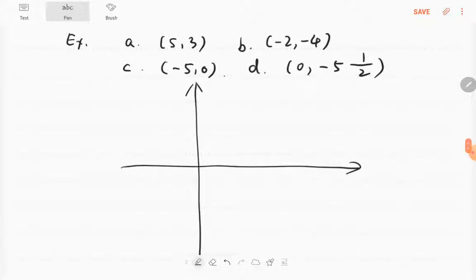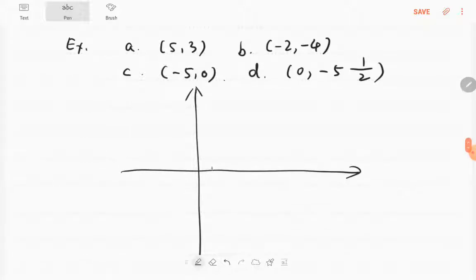So we try to find the point (5, 3). So the first value, so 1, 2, 3, 4, 5, 6, 7, so negative 2, negative 3, negative 4.